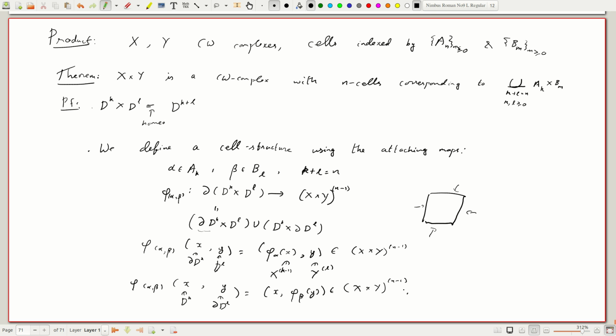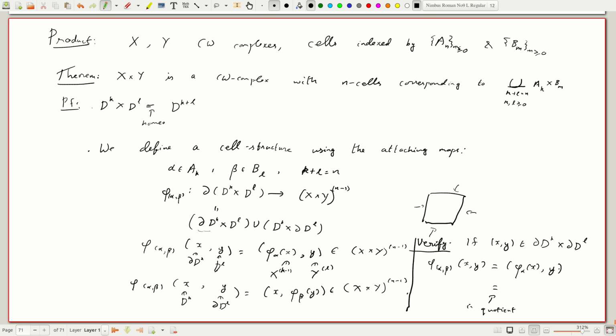There is of course one verification to do, which is verify that if x, y is in both boundaries, okay, so this belongs to boundary D^k cross boundary D^l, then I can apply either map, I should get the same result, right? So then what happens is that phi_(alpha,beta) of (x,y) is equal to, let's apply the first definition, phi_alpha of x comma y, but this is equal in the quotient.